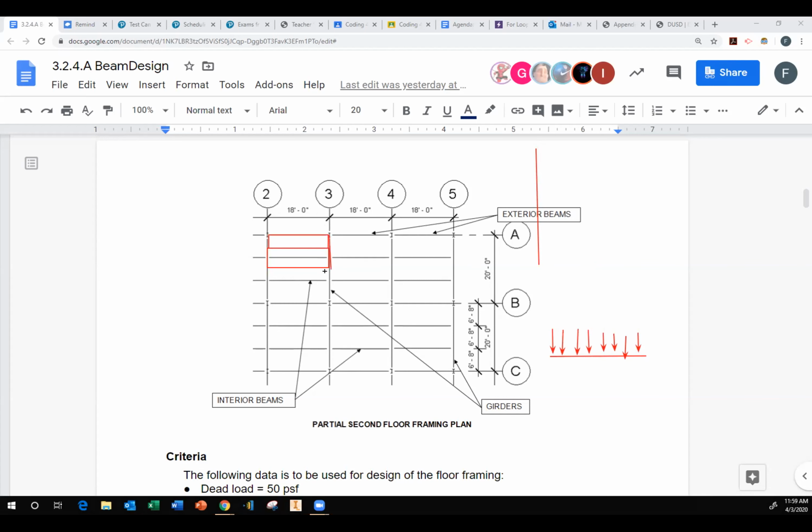This girder here has a beam there, a beam there, a beam there, and a beam there.